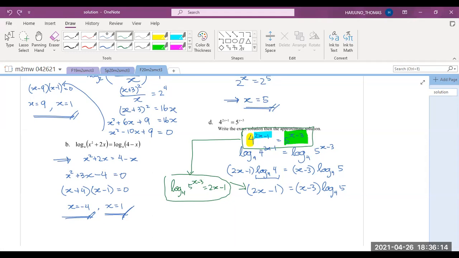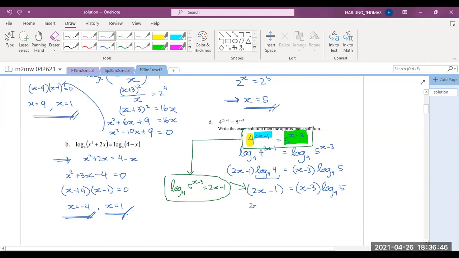So yes, you can do either way. The first one, you apply log base 4 to both sides, which is okay because log base 4 is a one-to-one function. But it takes 3 steps to get to our final form, while if you see that as exponential with base 4 and change it into log form, it will take only 2 steps. Anyway, we will eventually get to the same pattern here.